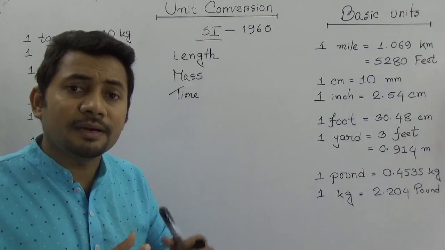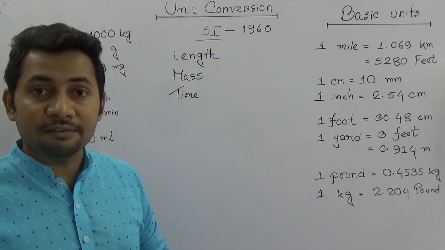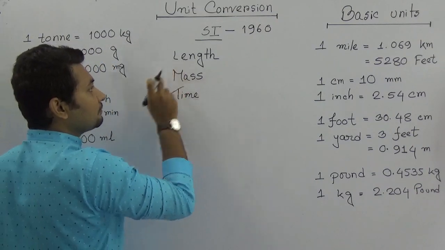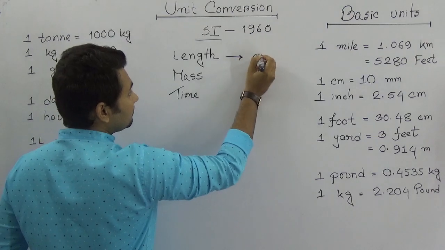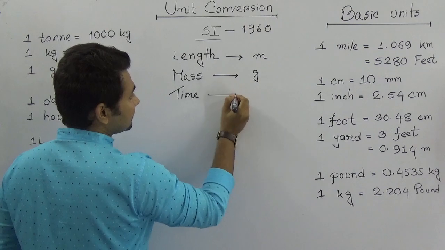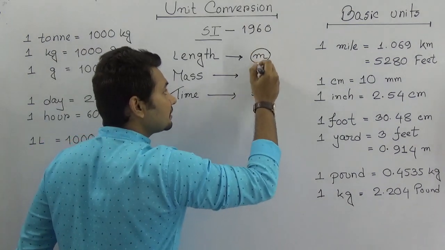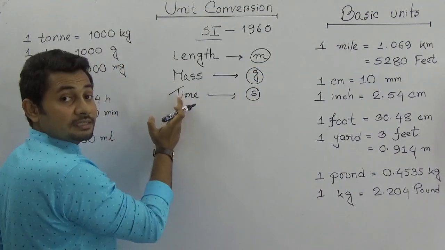But if you look at fundamental quantities, there are 7, and they all have units. In case of length, we look for meter. In case of mass, gram. Time, seconds. So meter, gram and second are the units of these quantities.